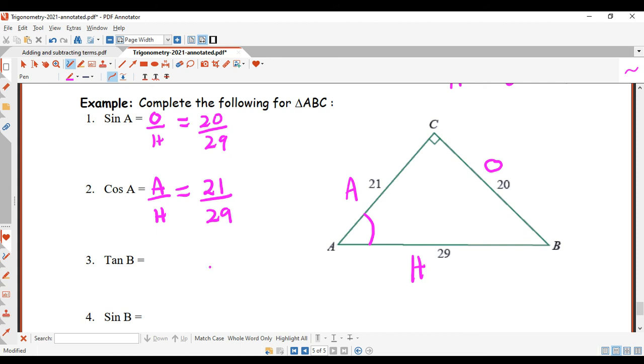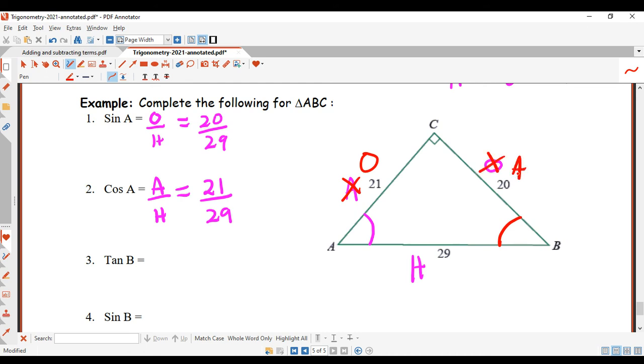Tan of B. Got to be careful here because now we're switching to angle B. So I'll just change colours here. If we're looking at angle B, here's angle B. This side here, 21, is now the opposite side. So I'm going to cross that off and make this the opposite side. And the side next to angle B is the adjacent side now, so I'm going to cross that off.